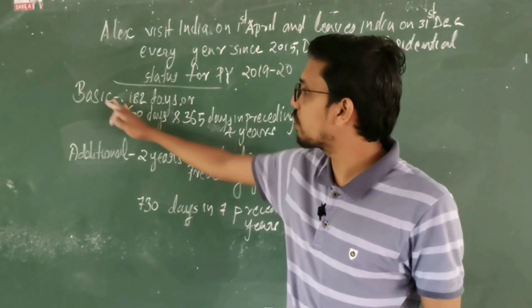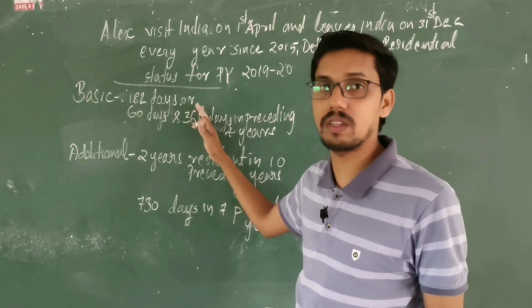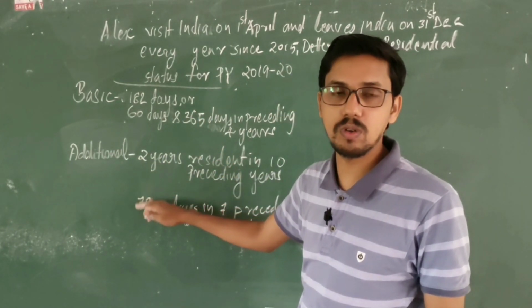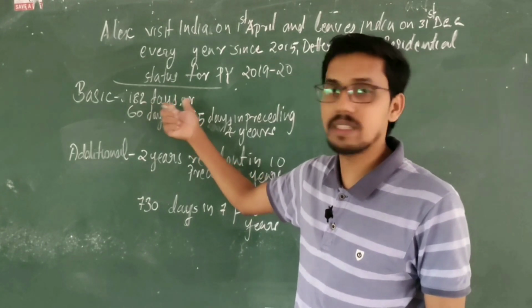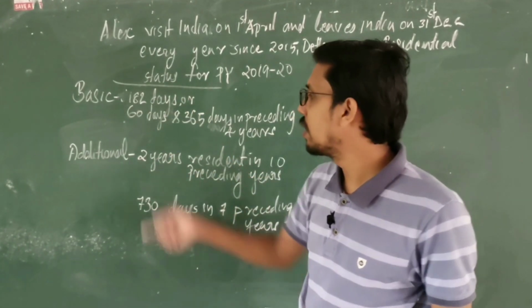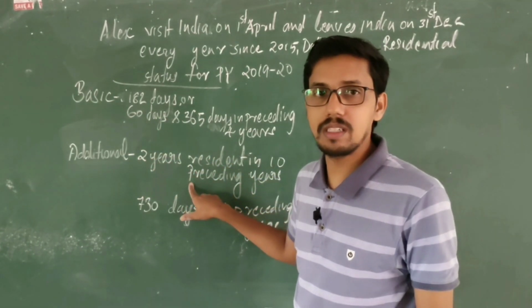If he does not satisfy any of these conditions, he is called a non-resident. If he is a non-resident, there is no need of checking the additional conditions. Keep in mind that.